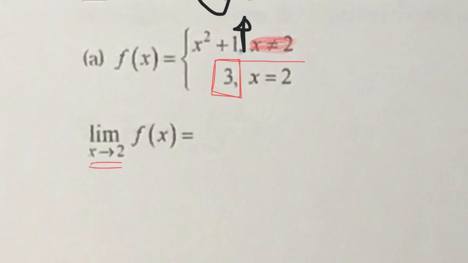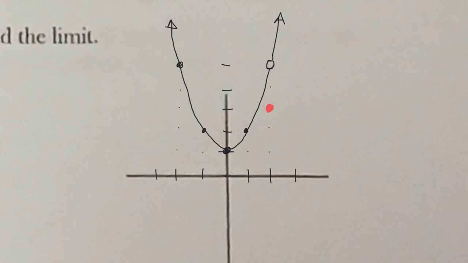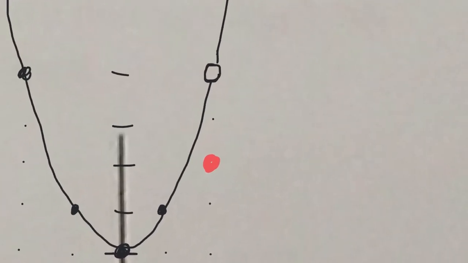So what we're going to do is follow the graph. Whenever we're trying to find this graphically, we're going to follow the graph and move your pencil along the graph towards positive 2. So we're going to come from the left. If we follow the graph from the left to the right, and I'll change colors so that we can see, the graph is approaching what number from the left?